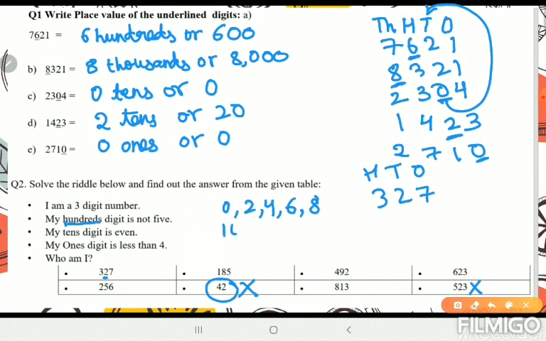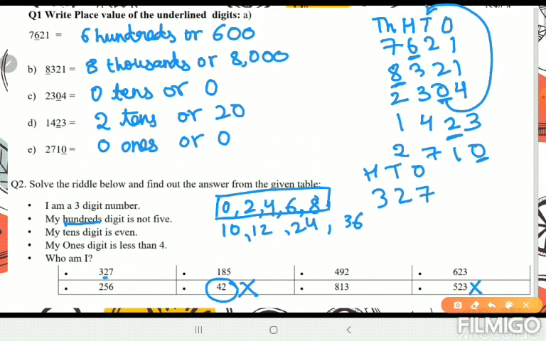Okay, it can be 10, it can be 12, it can be 24, it can be 36. Means the ones place is always one of these numbers; whichever has that is an even number. So it says the tens digit is even.